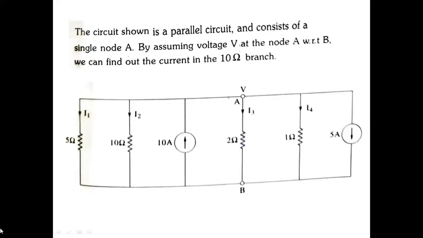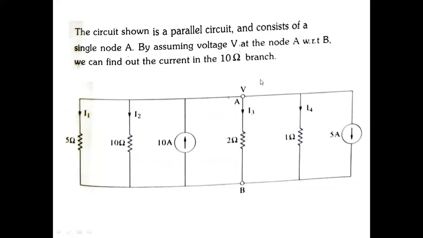According to KCL, there are 4 leaving currents, and this is the entering current, and again this is a leaving current.